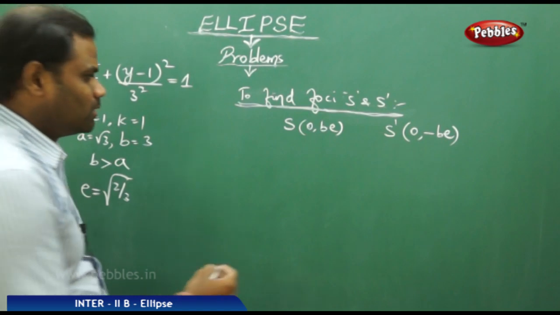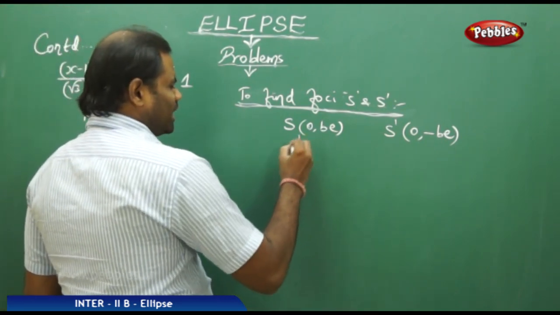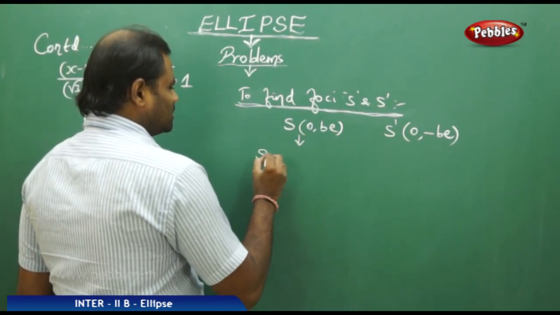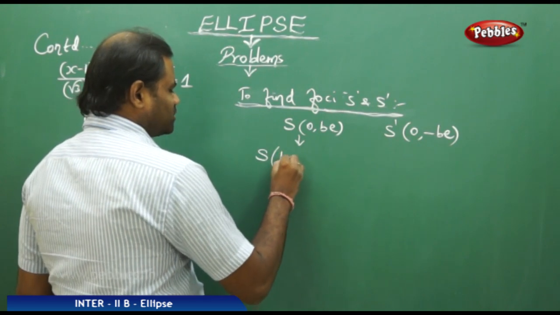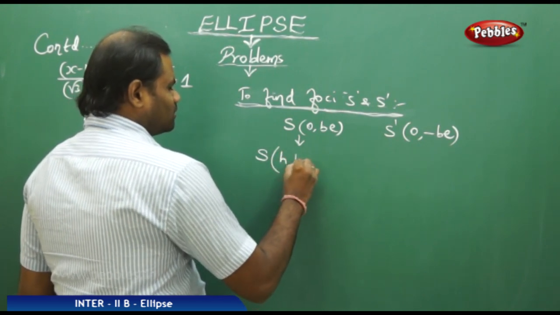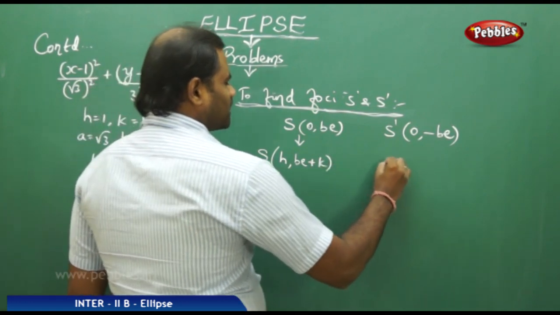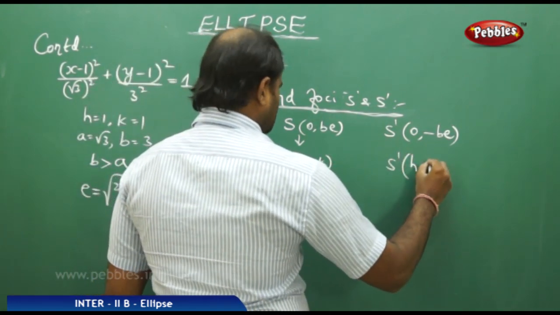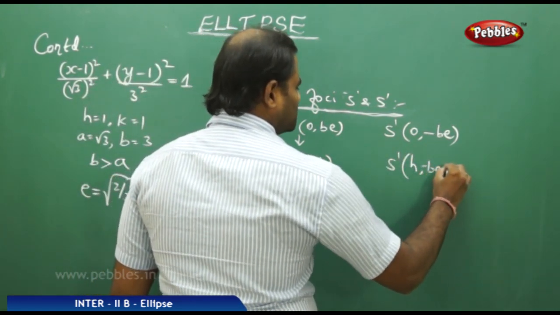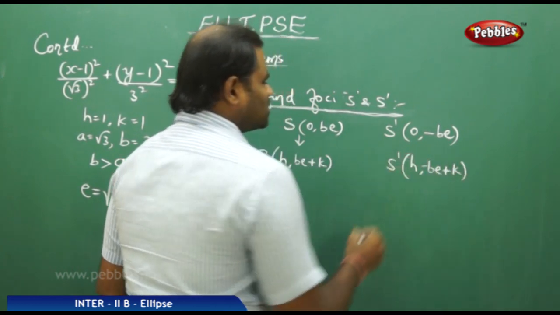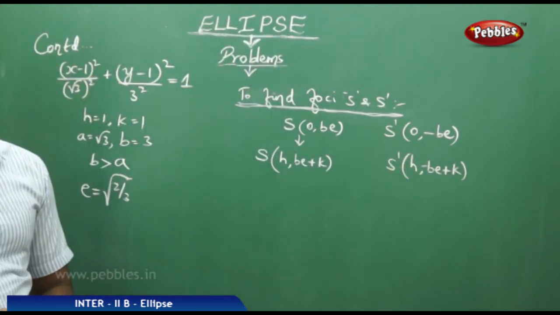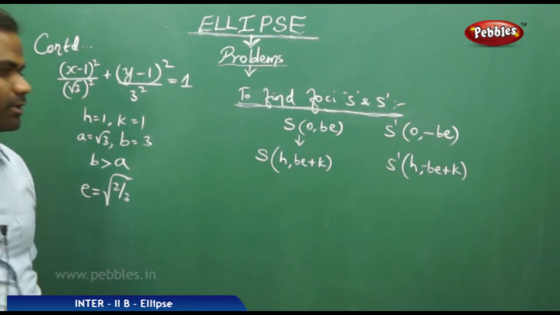For the transformed equation, S equals (h, be plus k), and S dash is (h, minus be plus k), which is how we get the two types of transformed equations.